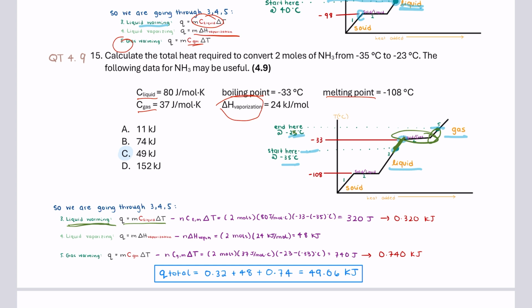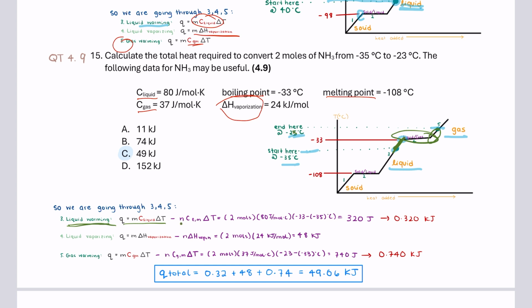But in this problem, you've noticed that we're given the amount in moles, not grams, and the heat capacity is expressed in joules per mole per degree, not per gram. So instead of using mass, we can use moles and apply the molar form of the equation.